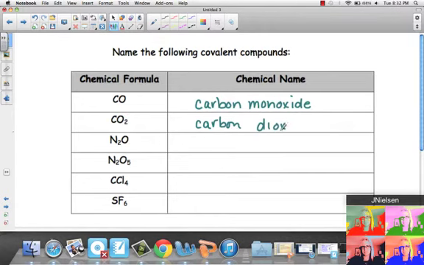This is carbon dioxide. Now, here I have 2 nitrogens, so I'm going to use the prefix di, so it's going to be dinitrogen. I only have 1 O, so it's going to be monoxide.